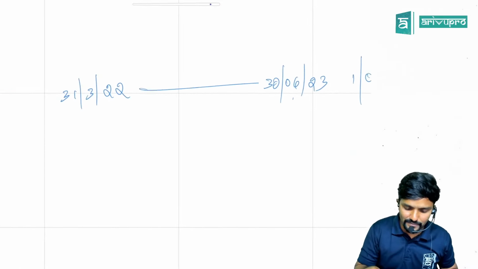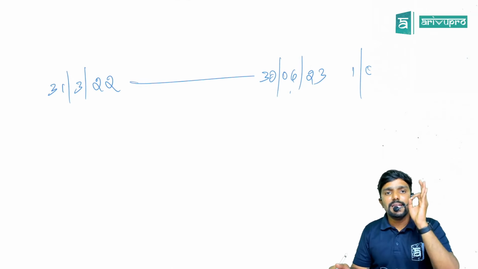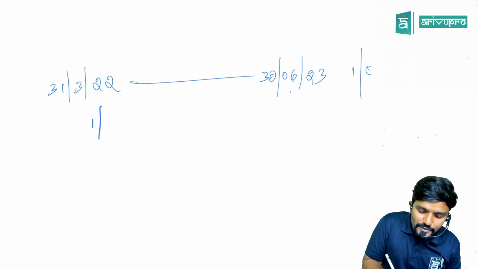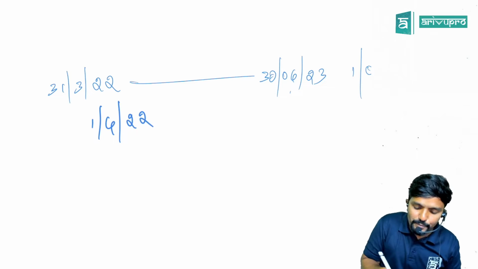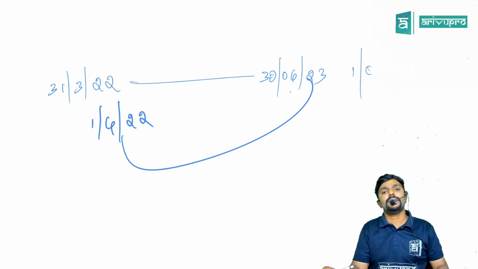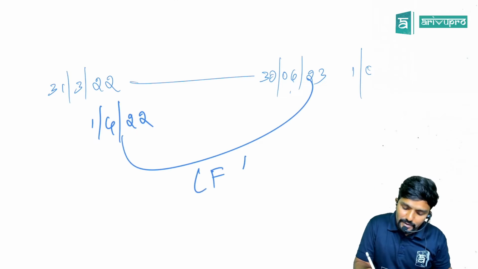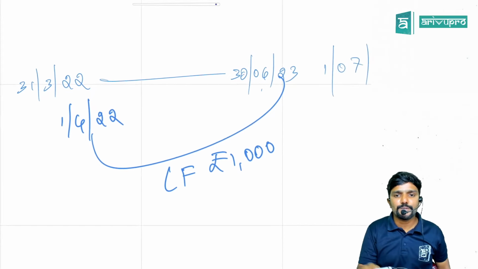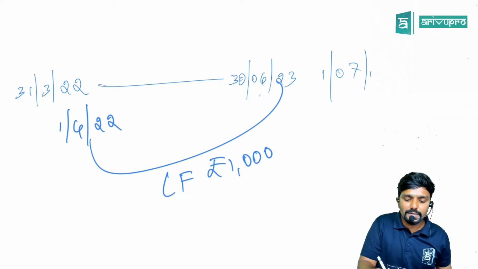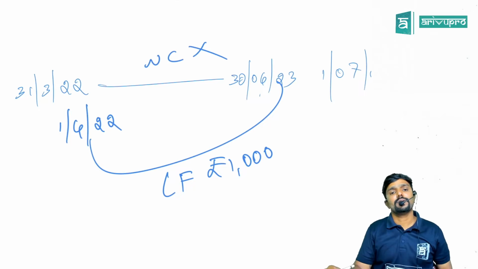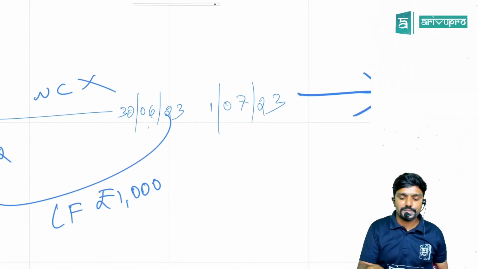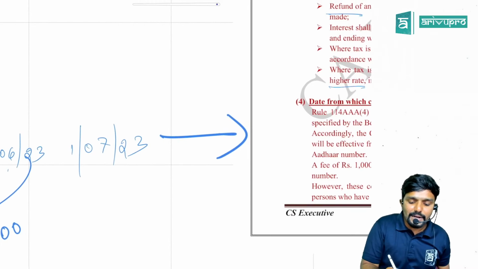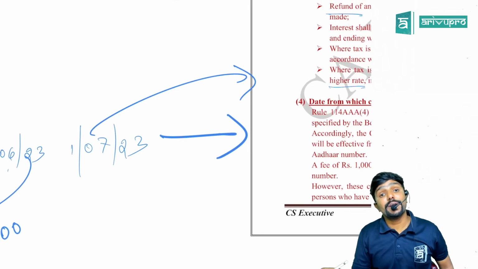Sir, what is the meaning of this? If you have linked your Aadhaar on or after 1st April 22 till 30th June 23, you have to pay a late fee of 1000 rupees. But till here, there is no negative consequences. Sir, what if I am linking my Aadhaar on or after 1st July 23?